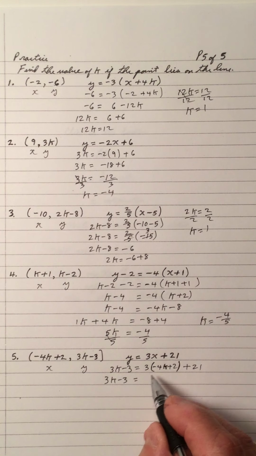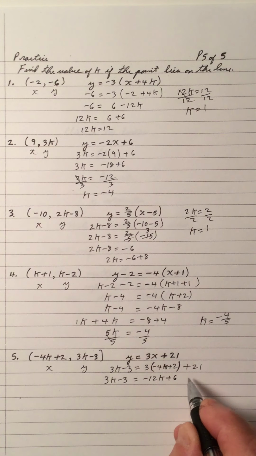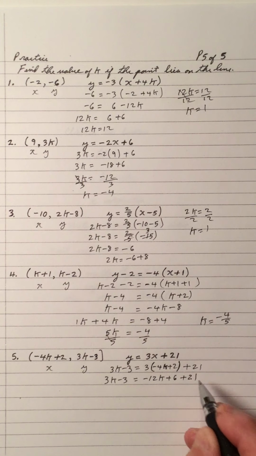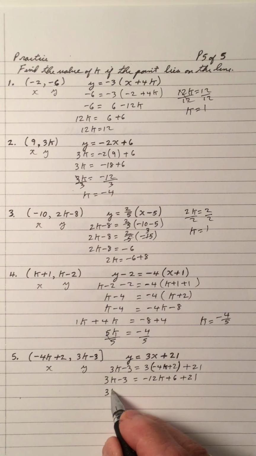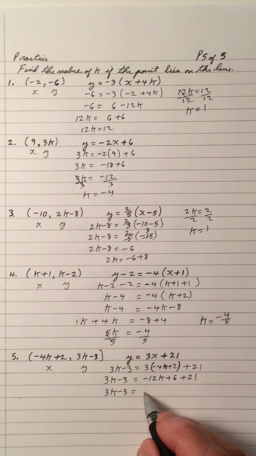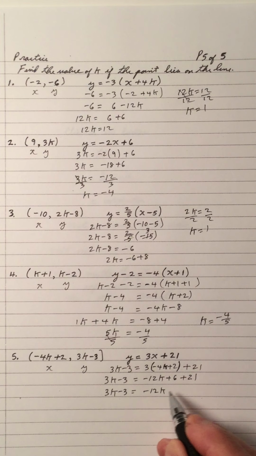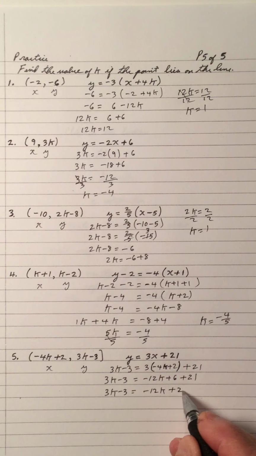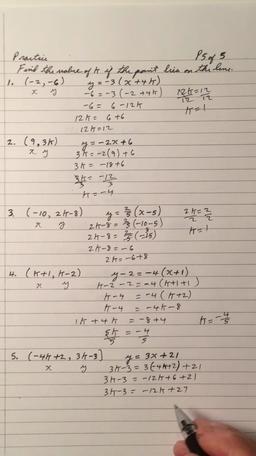So you go negative 3 times k is negative 12k. 3 times 2 is 6. So we remove the bracket, done. This side is fully simplified, left side. And we add negative 12k plus 27. So the right side is fully simplified.